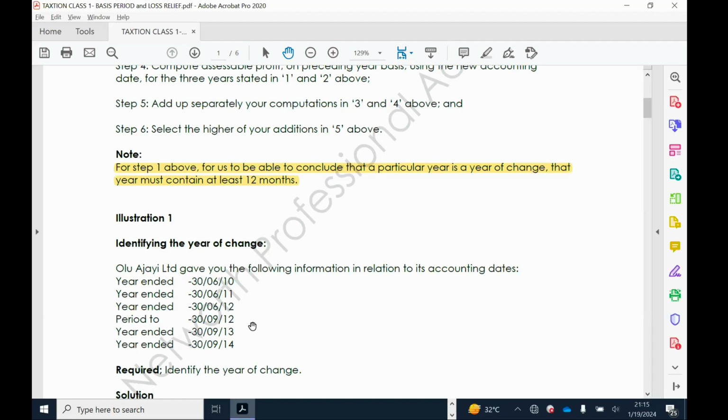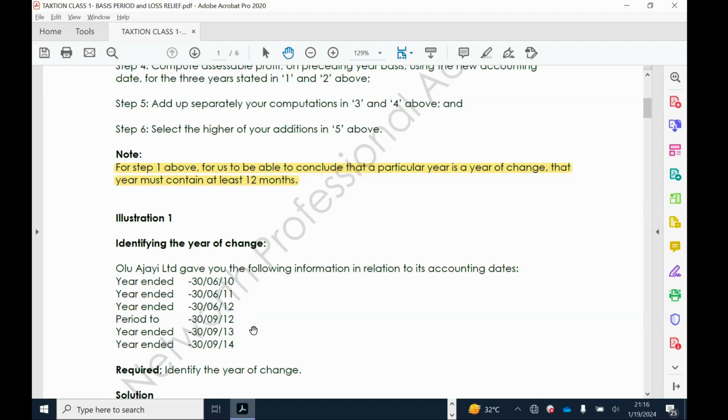The last year end was 30th June 2012. The next one where they first made the change was 30th September 2012. Between these two periods, how many months do we have? We have just 3 months.